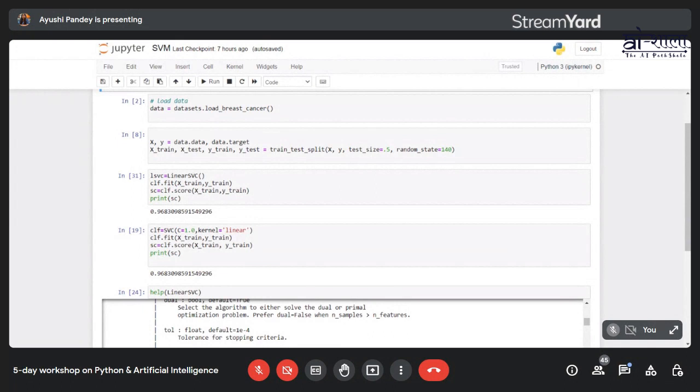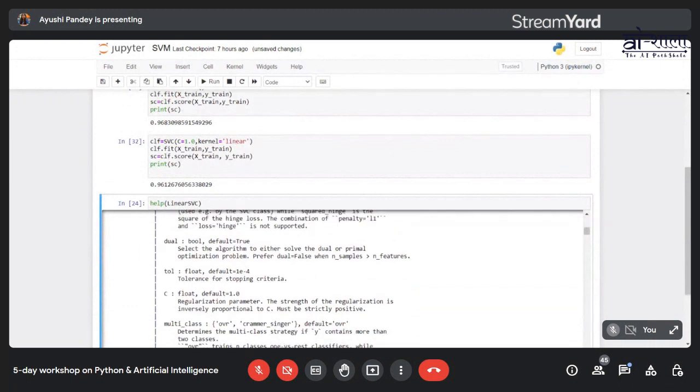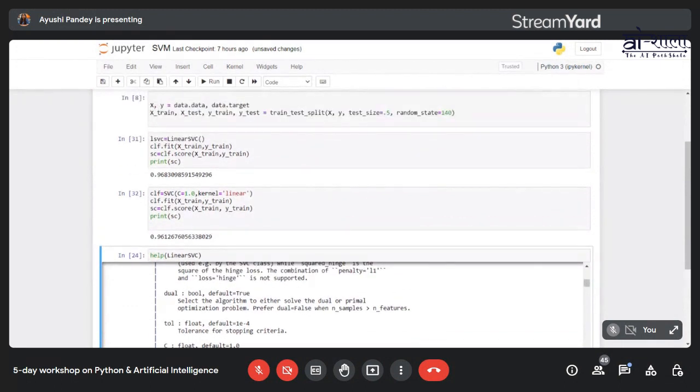And here I've taken kernel as linear because my data is linearly separable. I'm running it. Okay, so you can see that the percentage is almost similar. Okay, I will change this value to 2.0. Let me delete this.